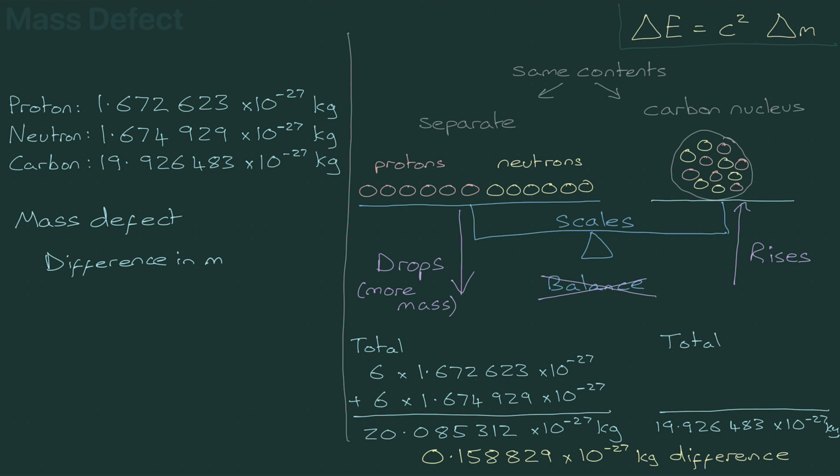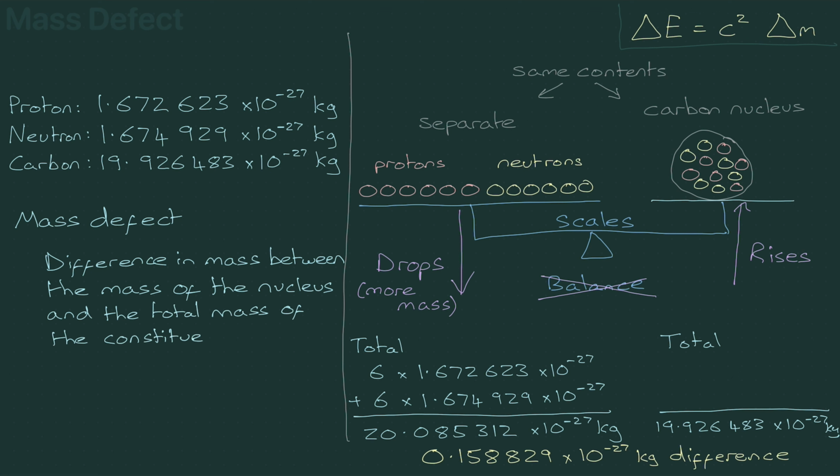So the mass defect is a difference in mass between the mass of a nucleus and the sum of the masses of the individual components of the nucleus. Here, the mass defect is 0.158829 times 10 to the minus 27 kilograms, and that is delta M in the equation.